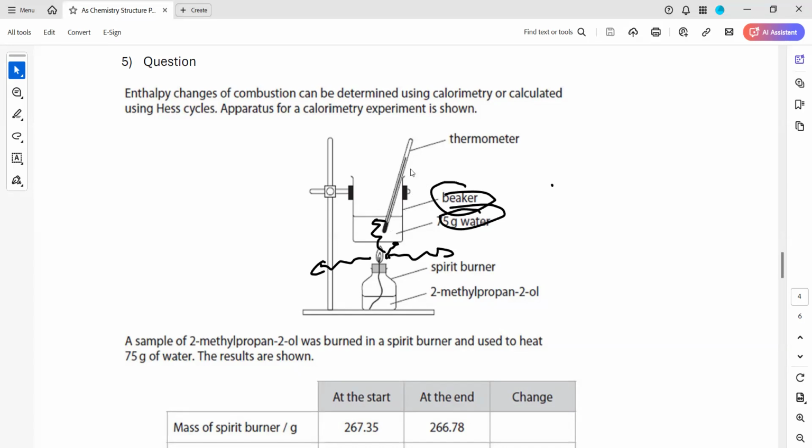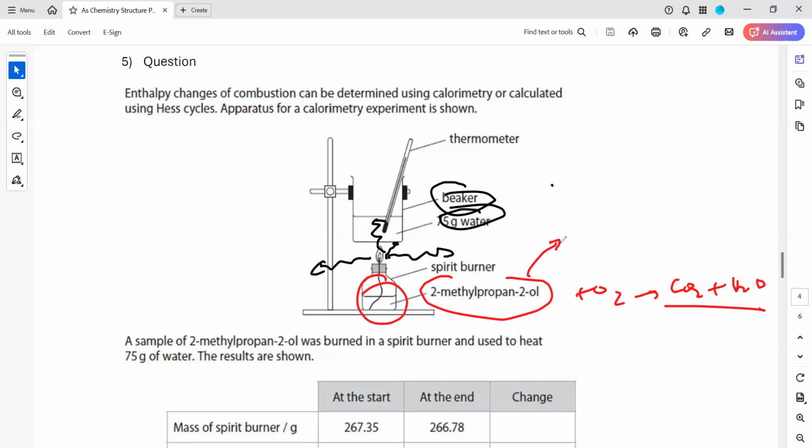Another thing that might happen is that when we are burning, the fuel may not burn completely, as in an incomplete combustion. When we assume this substance is burned in the presence of oxygen, it gives carbon dioxide and water, so we assume that it is burned completely. But what if there is a limited supply of oxygen? As a result, it might produce carbon monoxide.